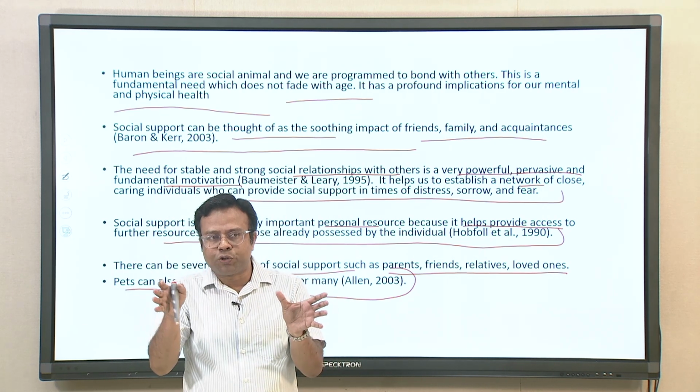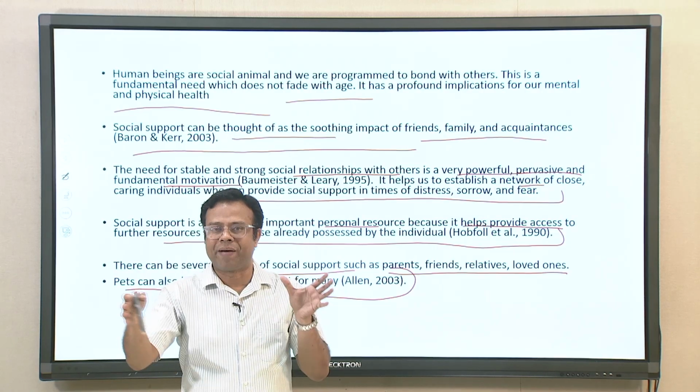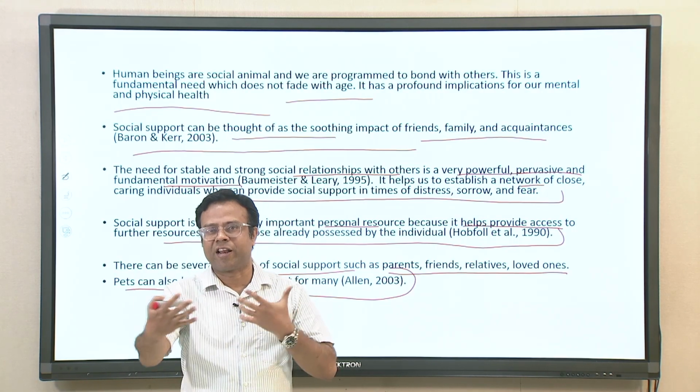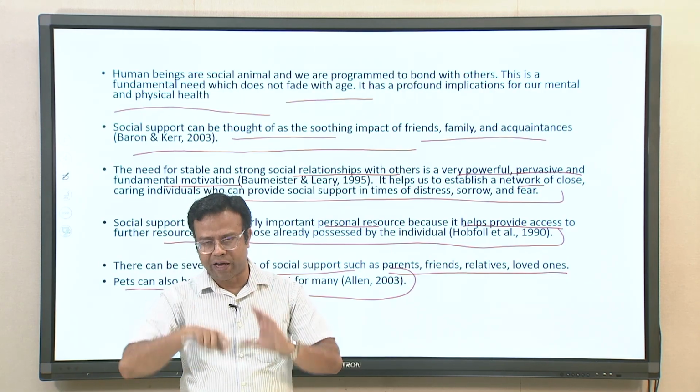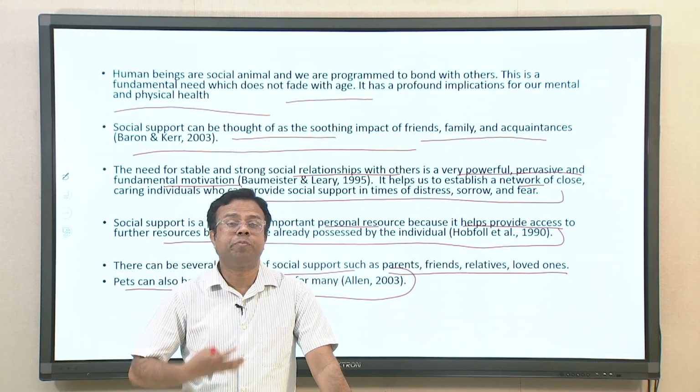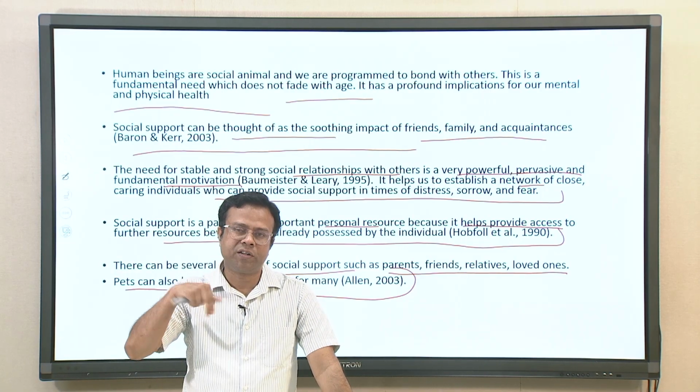Many times people get a lot of emotional support from pets. When you have a pet, you get some kind of emotional exchange with them, which can also help people. So keeping pets can also act as a social support, particularly emotional support.